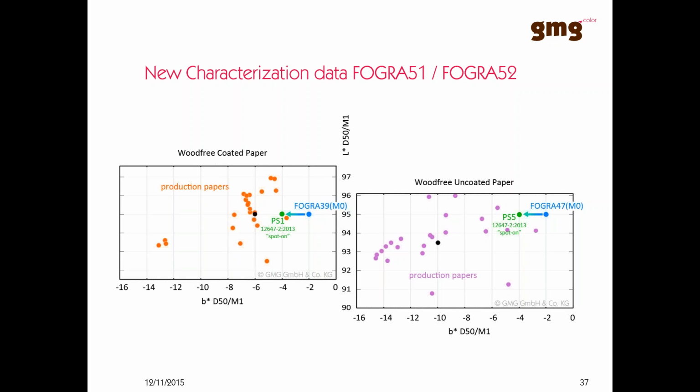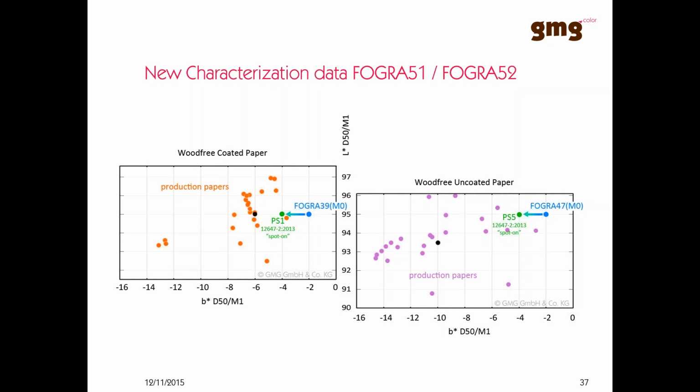So considering that from practical experience, FOGRA39 was basically always too yellowish, and we have this change from M0 to M1, we then researched: okay, a FOGRA39, if it's -2, if we would measure the same paper with M1, it would be close to -4.